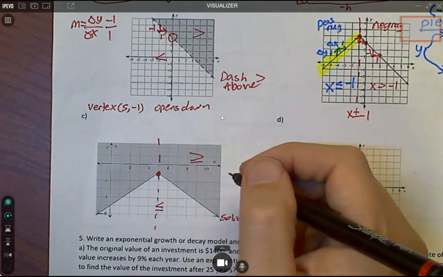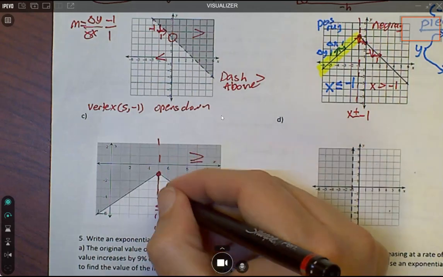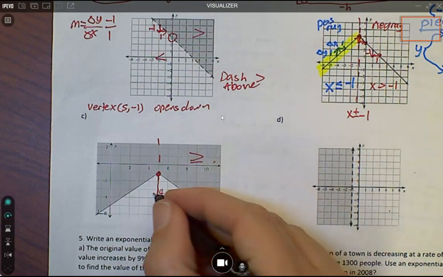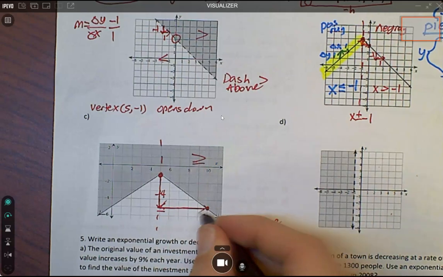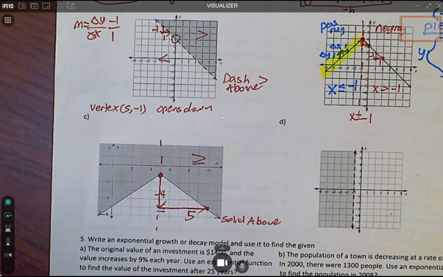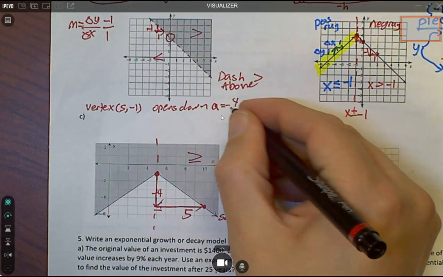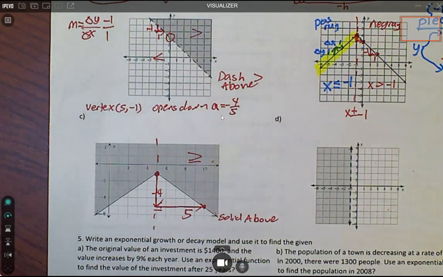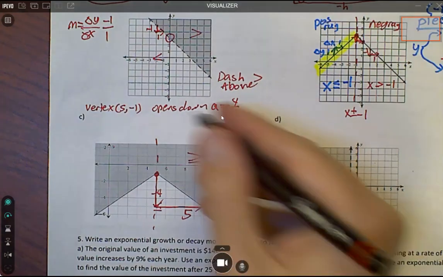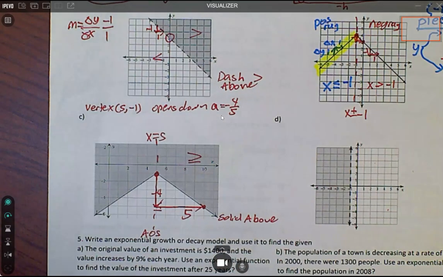Let's find A. Down 1, 2, down 4. Right 5. So A is -4/5. It's always the first point to the right. What else do we need? A opens up. Vertex. Okay, this is the AOS, axis of symmetry.